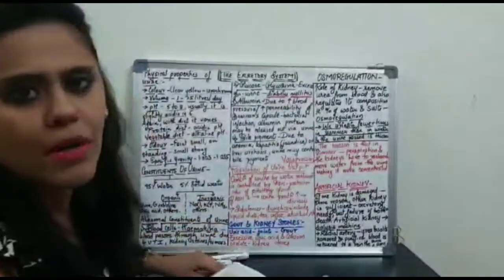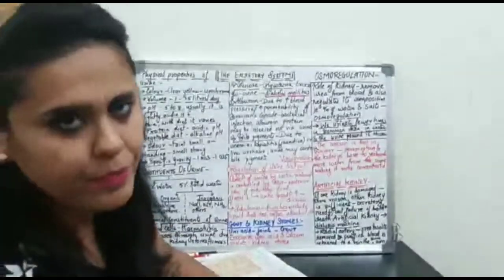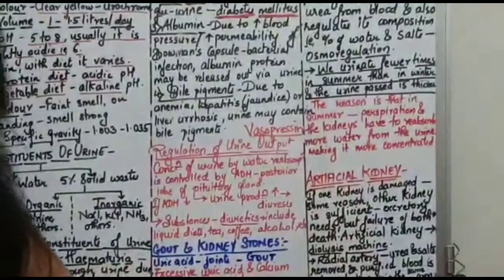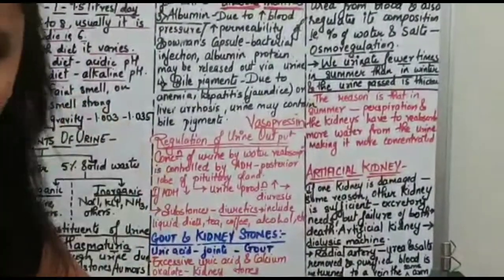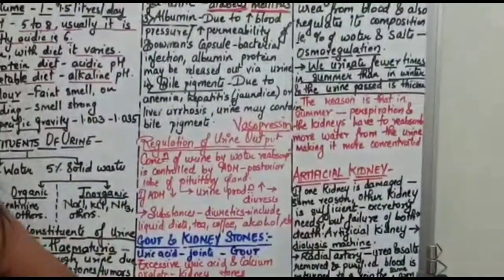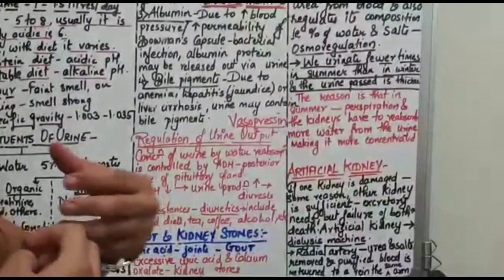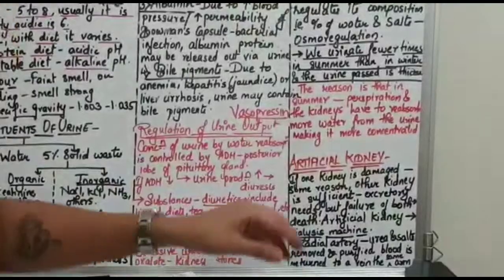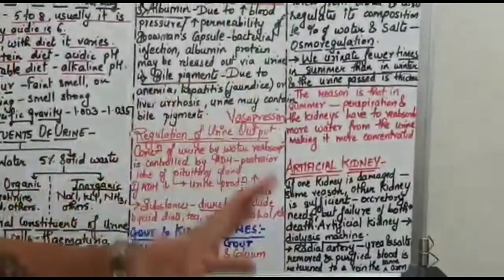Last part of this chapter talks about artificial kidney. Now, here, my dear students, if one kidney is damaged, a person can still survive and continue to live with the help of the other kidney. That means the toxins can still be removed with the help of the other kidney throughout the life of that person.